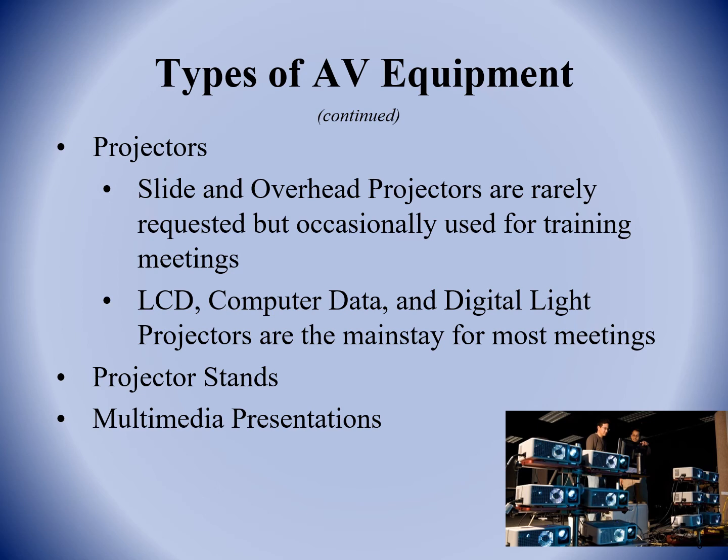The only issue with this is that it typically takes additional space to set them up from behind so that you can have the optimal projection onto the rear projection screen. And so that sometimes can cut into the space that you have available for tables and guests to sit.